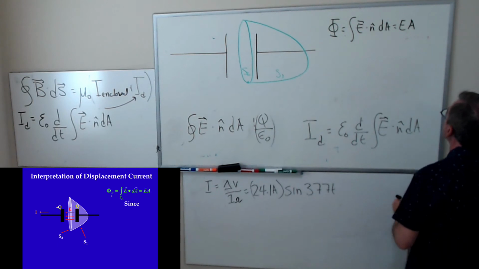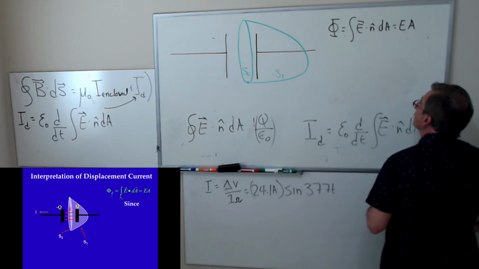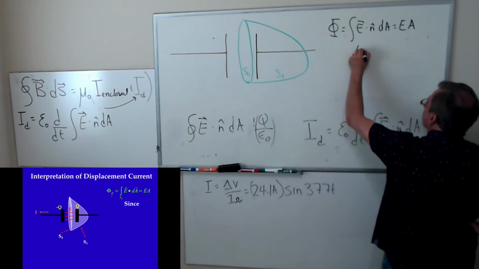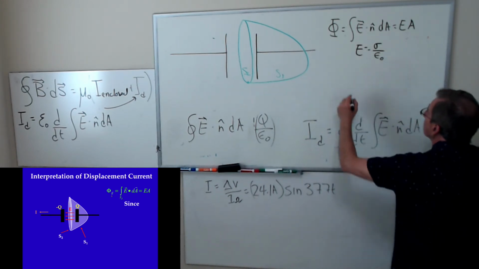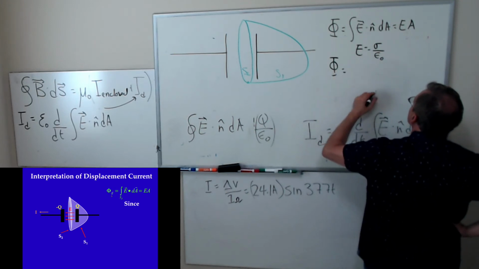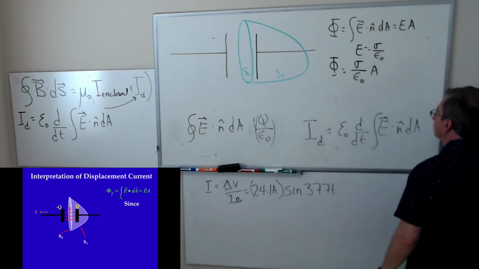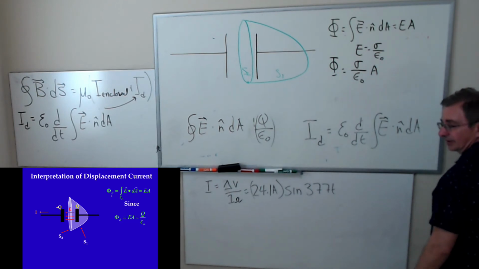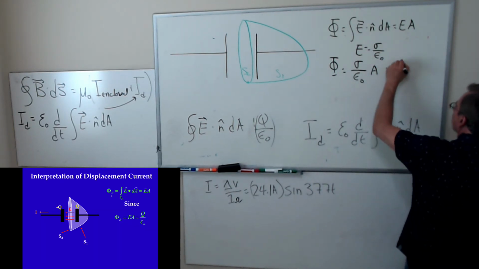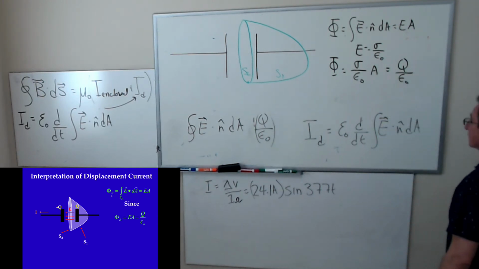Now, what's the electric field between the plates? Then the electric flux is sigma over epsilon naught times A. What's sigma times A? Now let's take the time derivative of the flux.